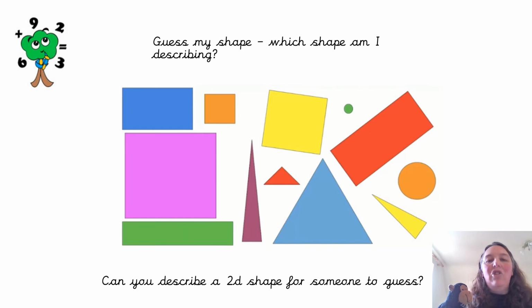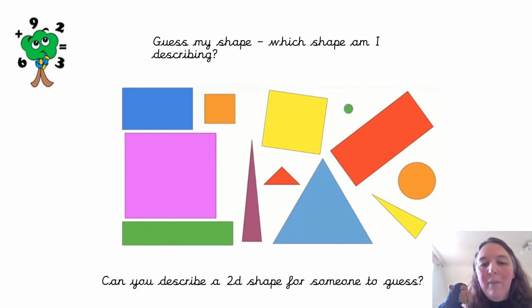Okay. This shape is blue. Can you guess which one it is? That's it. It's this blue rectangle here. These 2 sides, the top and the bottom, are longer than this side and this side.